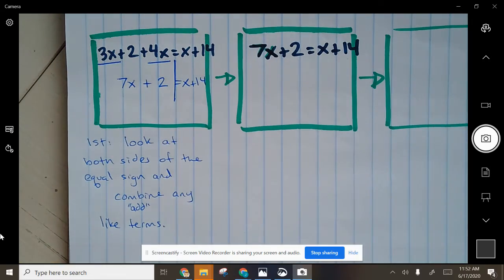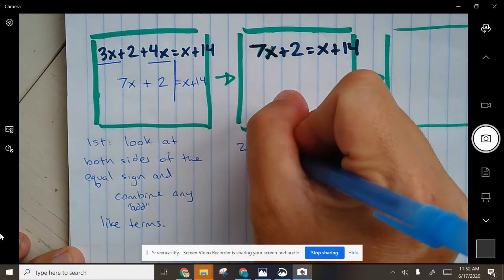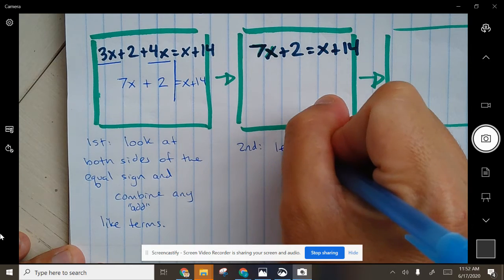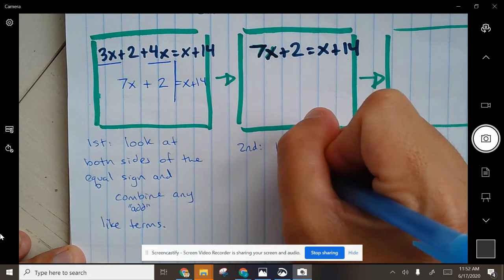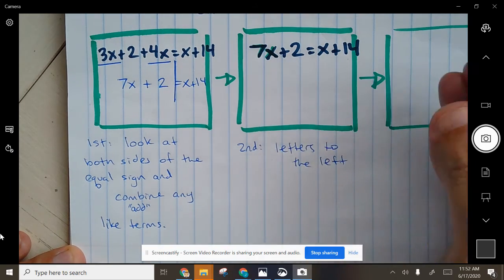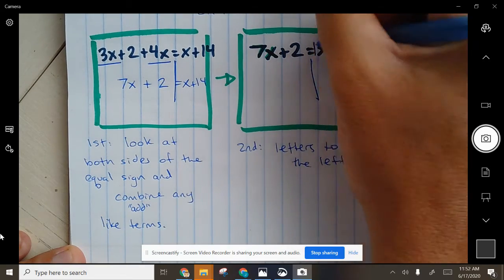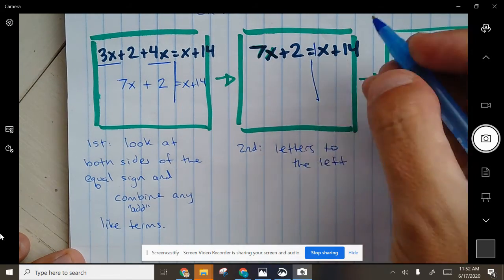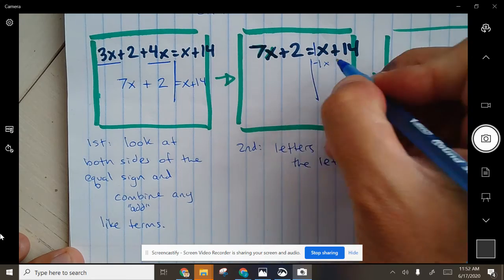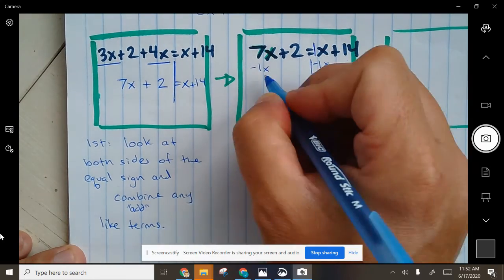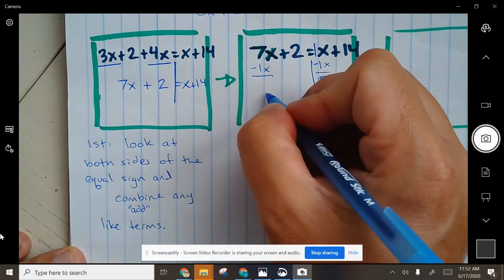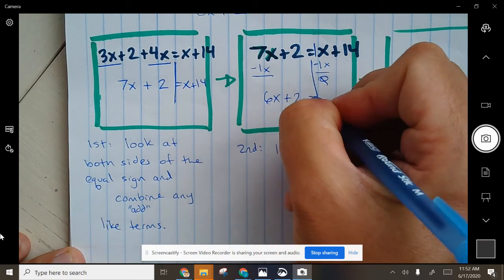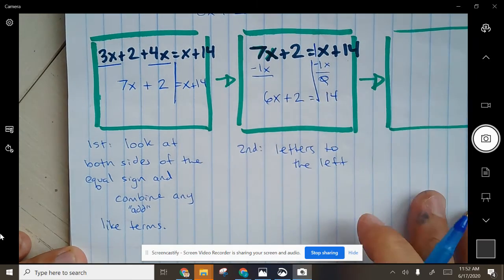All right, now, second step. We did this in the one before. Letters to the left. Move your variable over. This is a 1x, guys. Always remember there's a 1 in front of that. So how do you get rid of a positive 1x? You subtract 1x. This cancels out. This becomes 6x plus 2 equals 14.